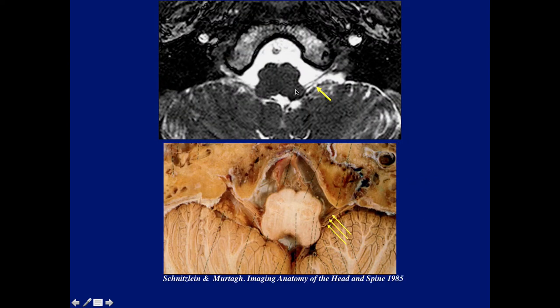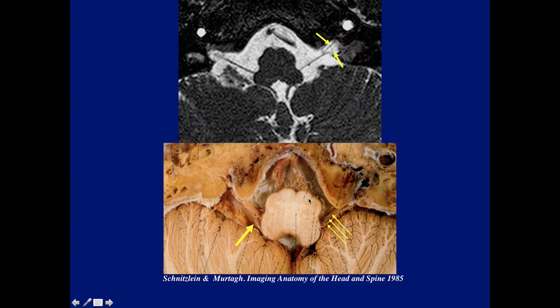Now again, in routine MR, you'll just see a single strand. Sometimes you may get two of the nerves separately. Sometimes you'll see it splitting up here within the jugular foramen. But most of the time you just see a single strand.